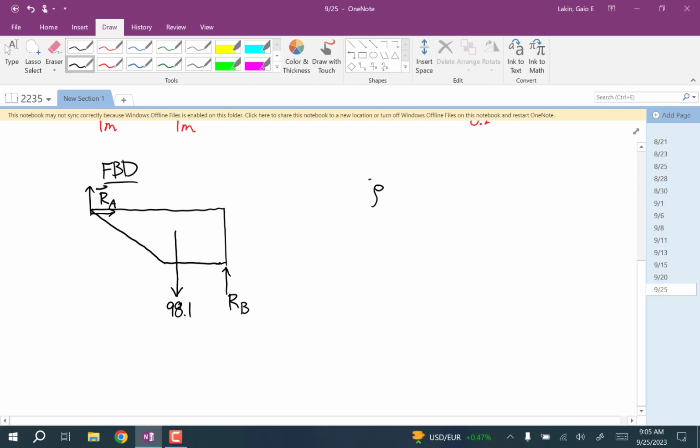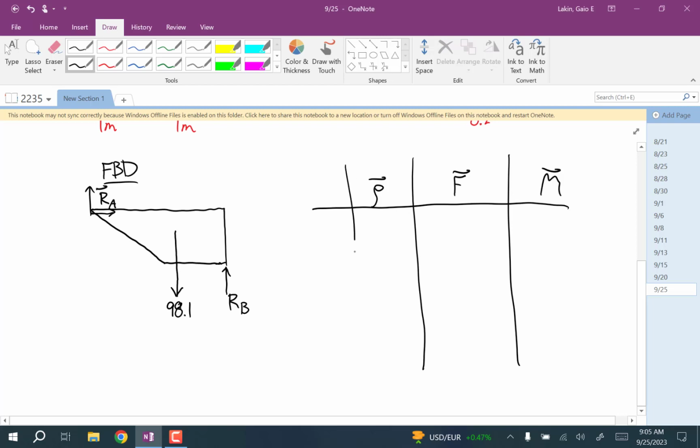And so now I'll go rho, force, moment. And I'll put the about point up here. It doesn't matter where you put it. Another good option would have been to put the about point where I put the origin in calculating the centroid.